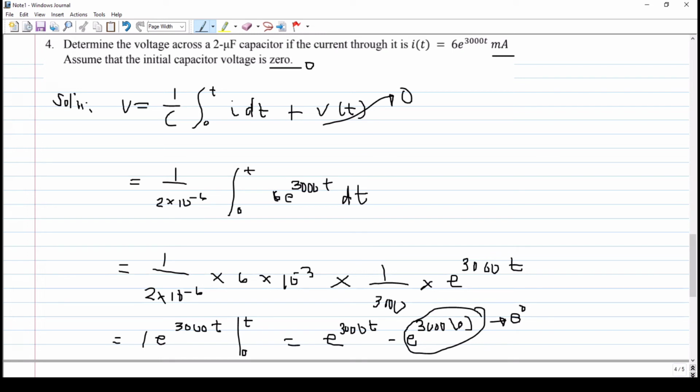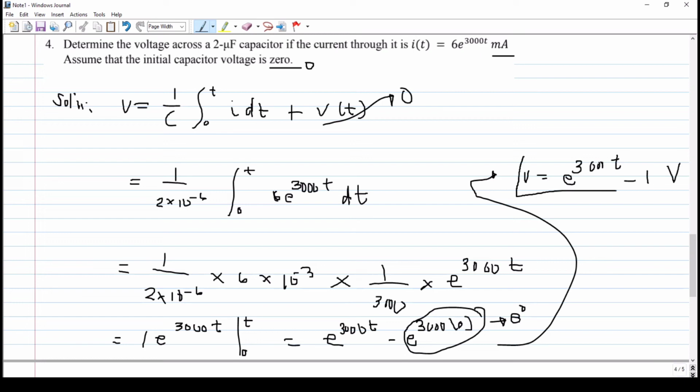Okay, so therefore the final answer is e to the power 3000 t minus 1. Okay, that is the equivalent answer, volt. So that is the final answer.